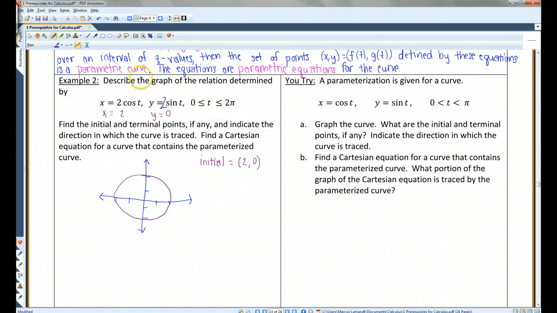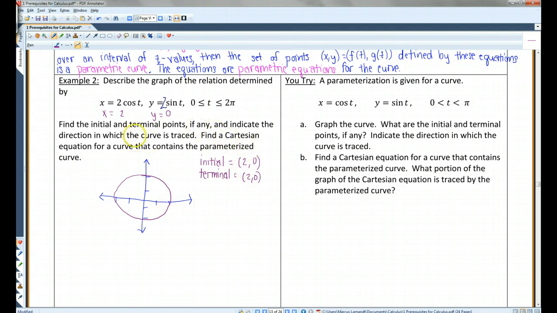The terminal point, if I plug in 2 pi, cosine of 2 pi is the same thing, and sine of 2 pi is the same thing also. So the initial and the terminal points are the same, which makes sense because if this is making a circle, it starts and ends in the same place.